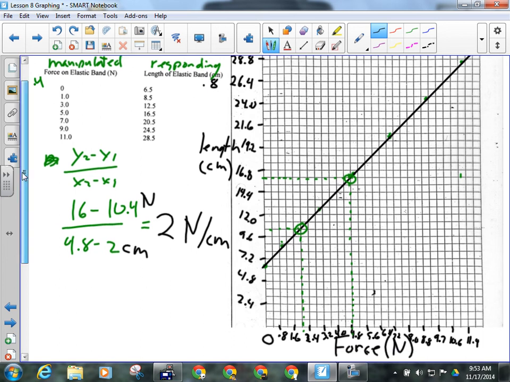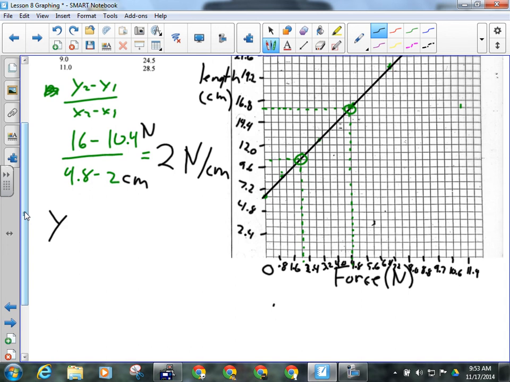Now, if I want to calculate using y equals mx plus b, I'm going to use this point right here as my point, and then here's b down here, my y-intercept. So I want to get m, which is the slope, by itself, and we've already said that means y minus b divided by x.